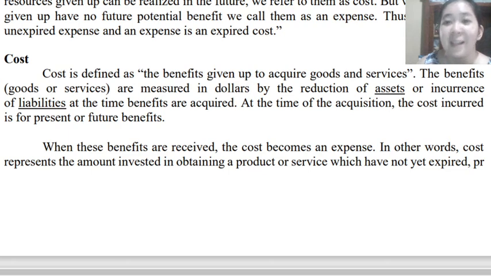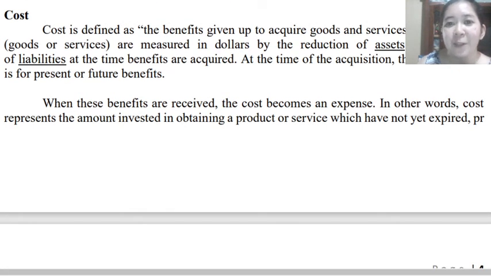Just make sure that it has a benefit when you spend or incur these costs. That is cost. So when these benefits are received, the cost becomes an expense later on.